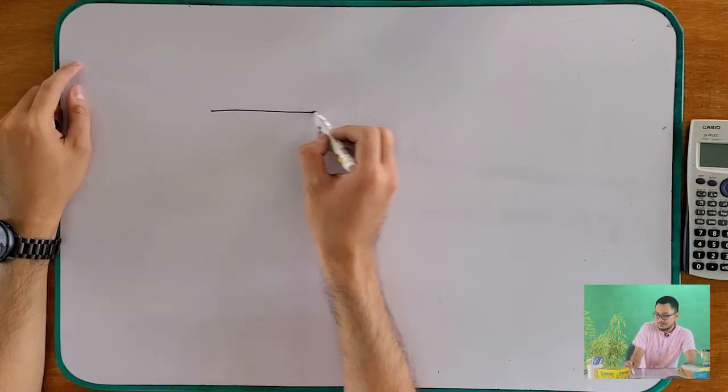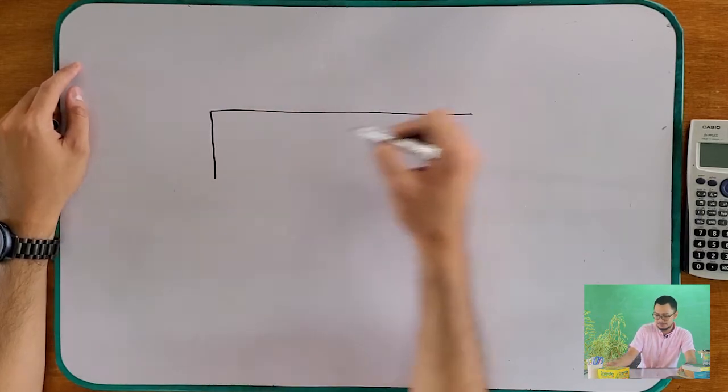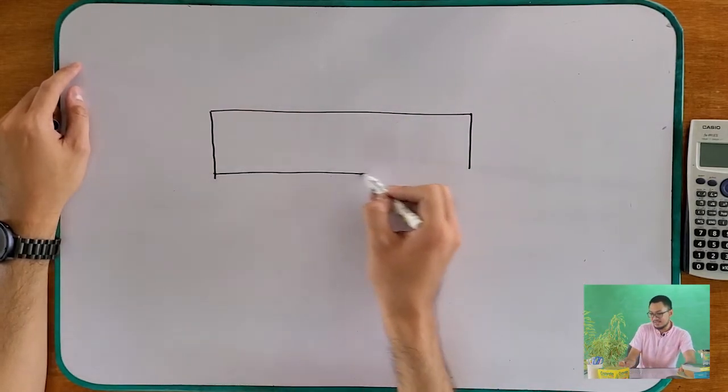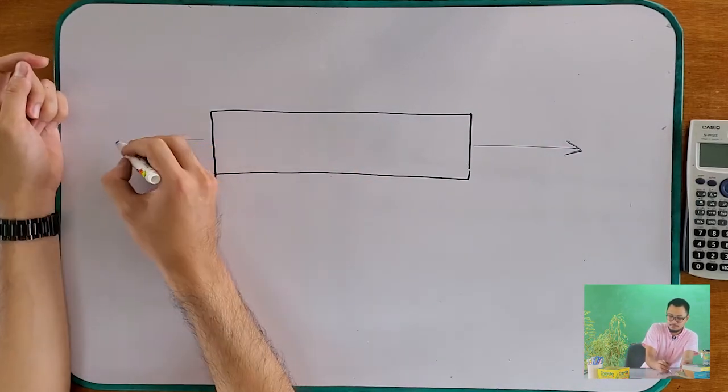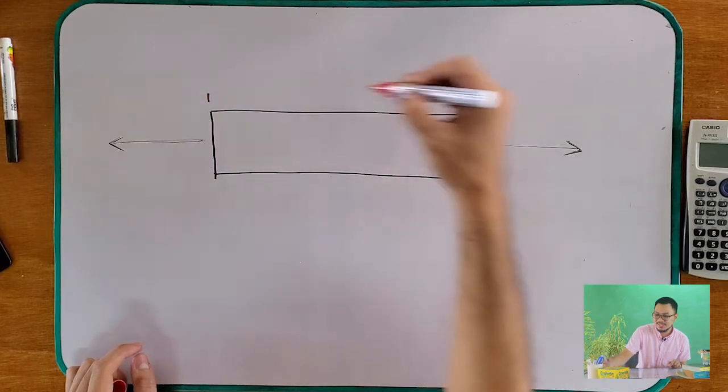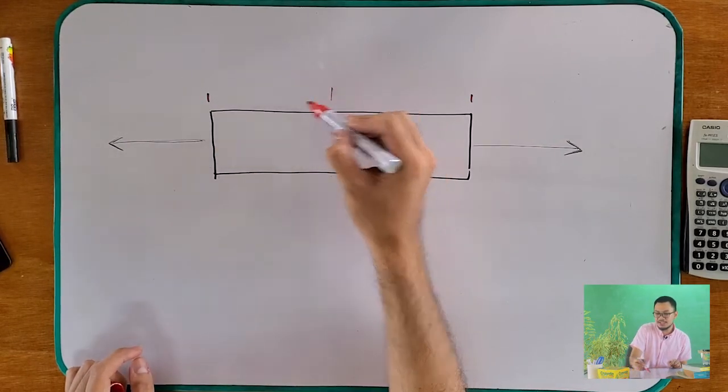Let's say, for example, I have a deformable, homogeneous shaft, and this shaft is subjected to tension. When this shaft is subjected to tension, it has the tendency to elongate. Therefore, this length is going to change.